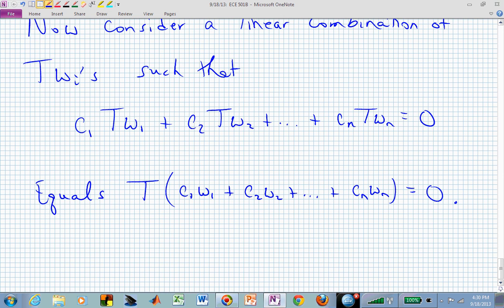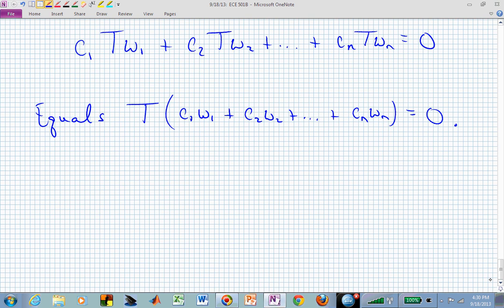It needs to be in the null space of T. That's by the way we define the null space. So this set of vectors, this linear combination of w's, is in the null space of T.